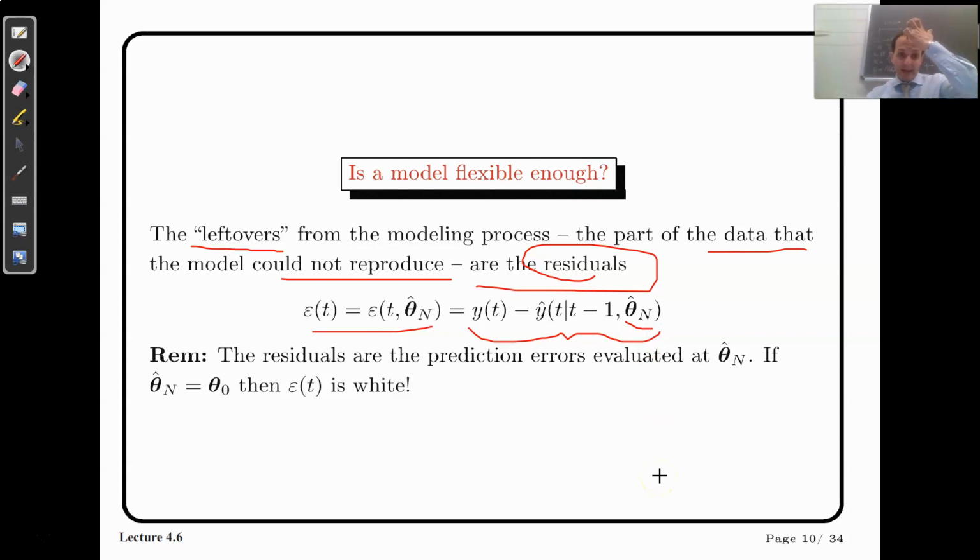We saw in the previous lecture that when the estimated vector is equal to the real parameter vector, then it can be shown that epsilon is white.